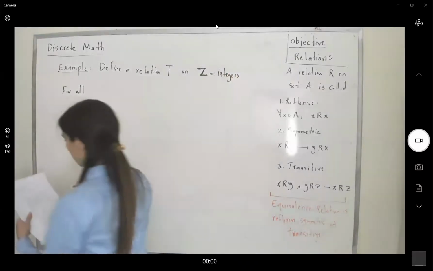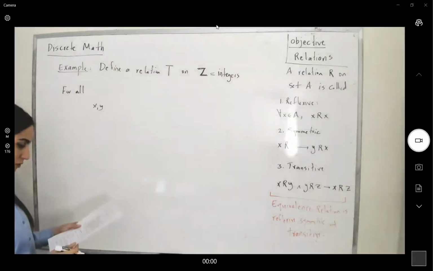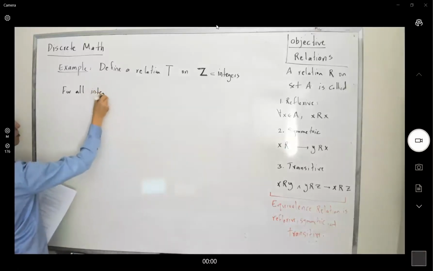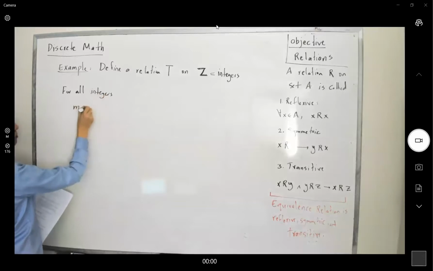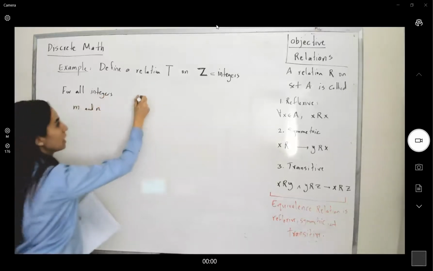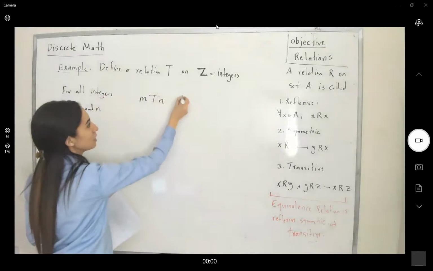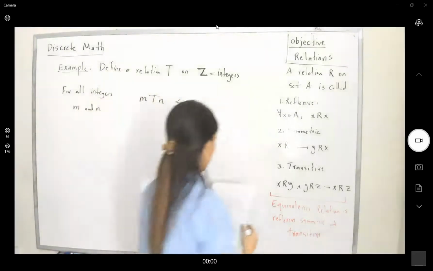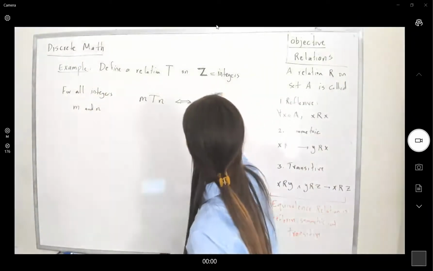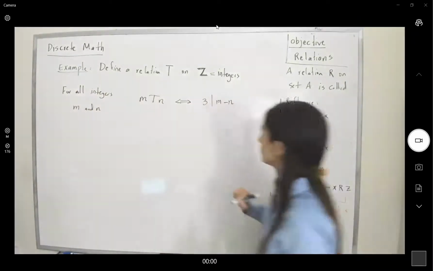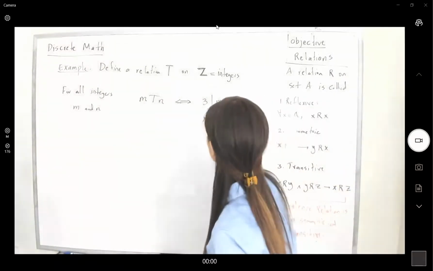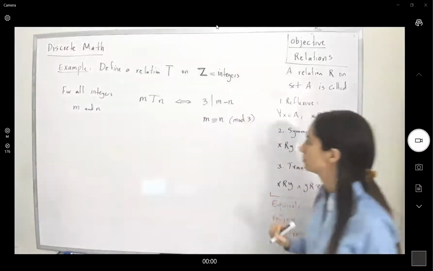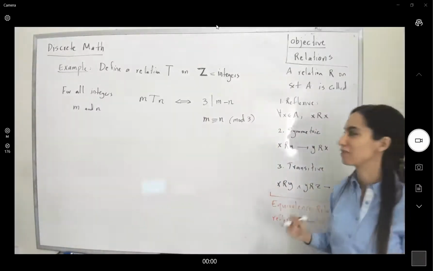This way, for all integers M and N, M is in relation with N if and only if 3 divides their difference, or M is congruent to N mod 3. So these two definitions are equivalent to each other.